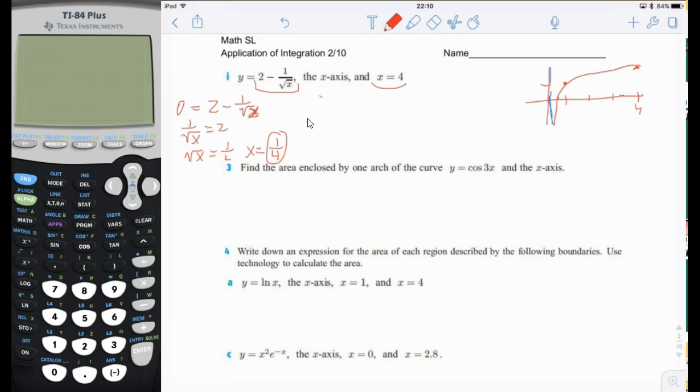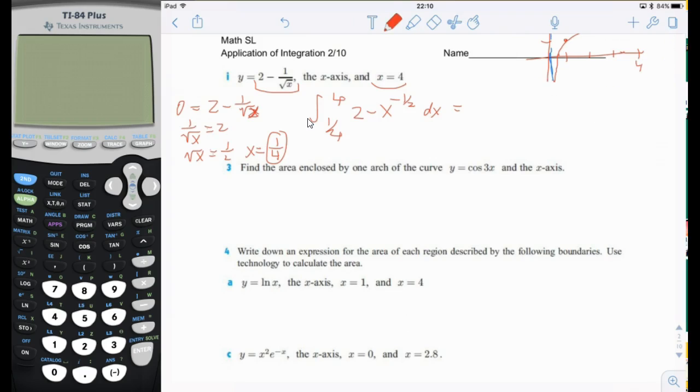So we can take the integral from 1/4 to 4, and then the function is 2 minus 1 over square root of x. Let's write that as something easier to take the integral of. So it would be negative 1/2, right? dx. And just move this up here.